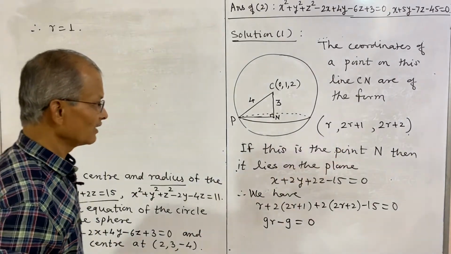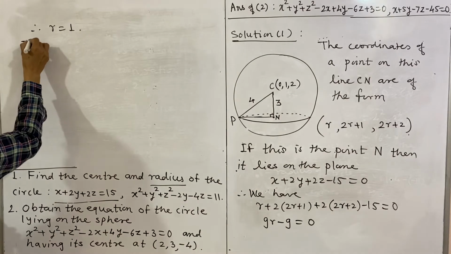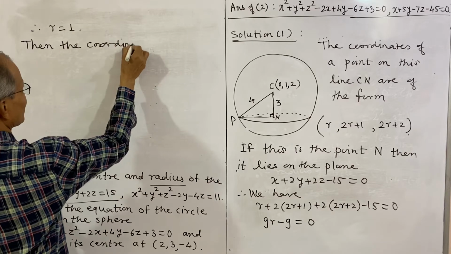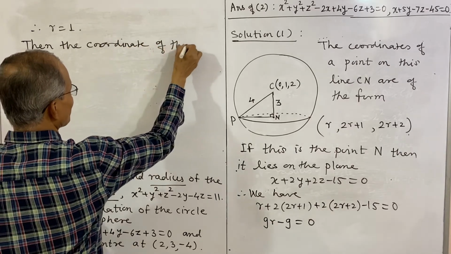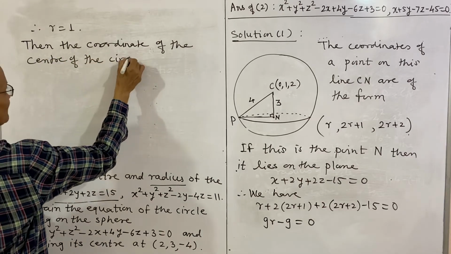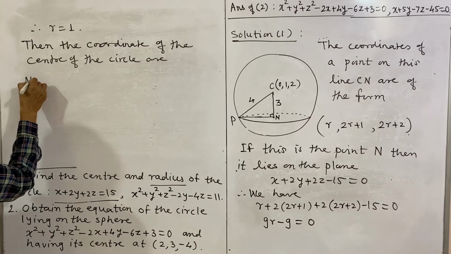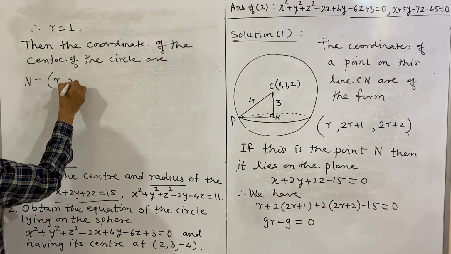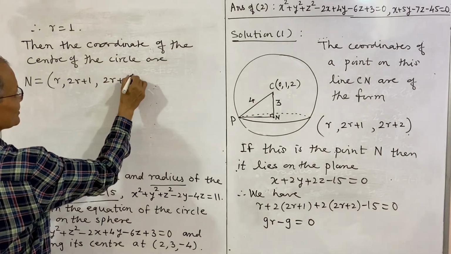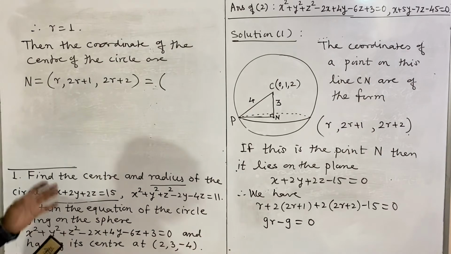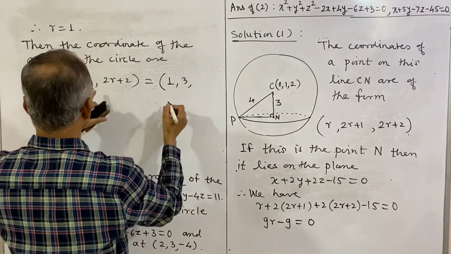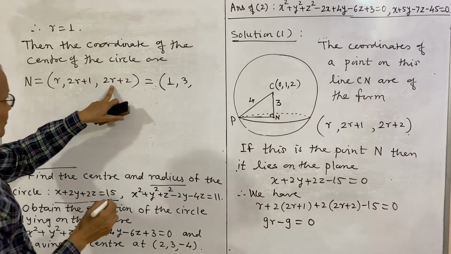The coordinates of the center of the circle N are: x coordinate is r, y coordinate is 2r plus 1, z coordinate is 2r plus 2, and putting the value of r as 1, we get 1, 3, and 2 plus 2 is 4.